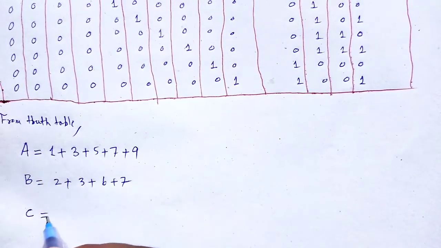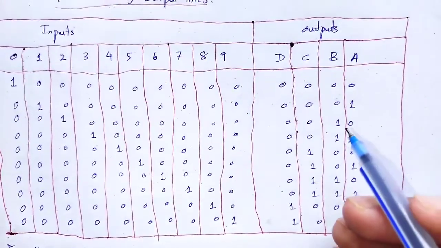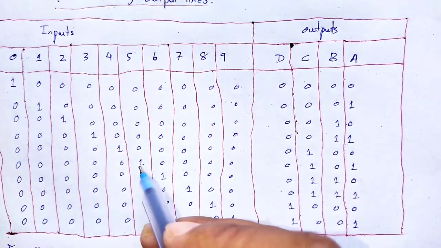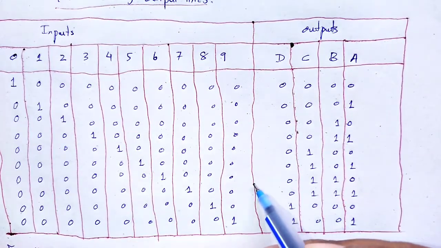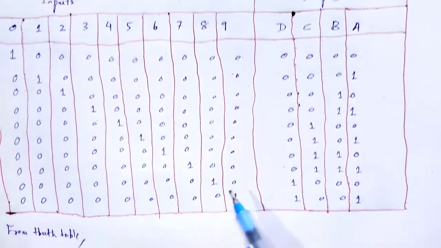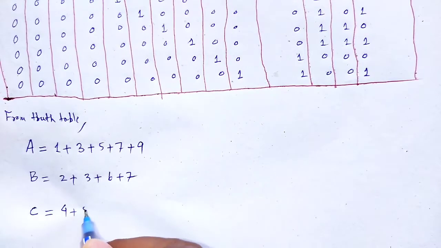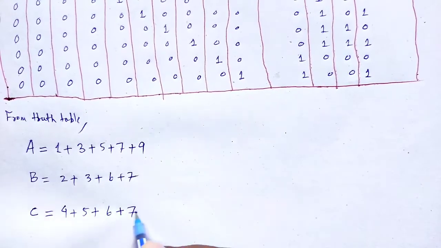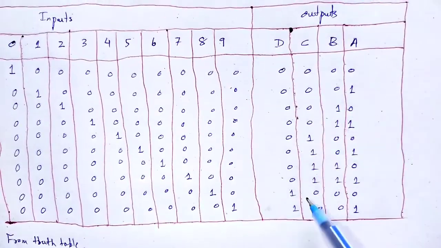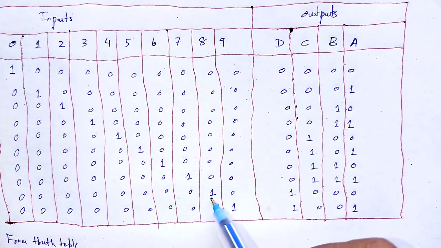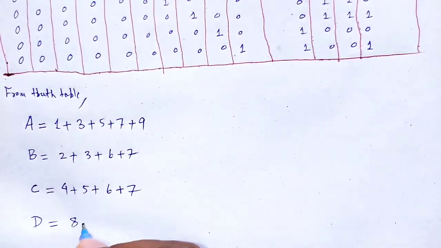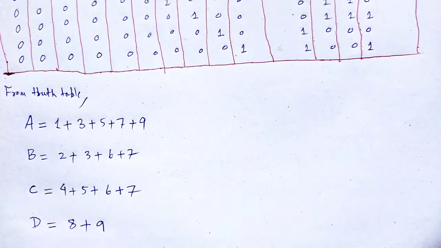Next C is high for 4, 5, 6, 7. Next for D, high value 1 for 8, 9. So 8, 9.